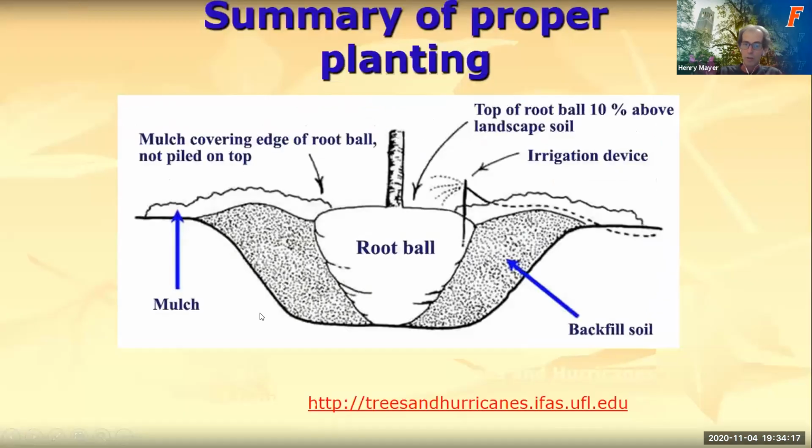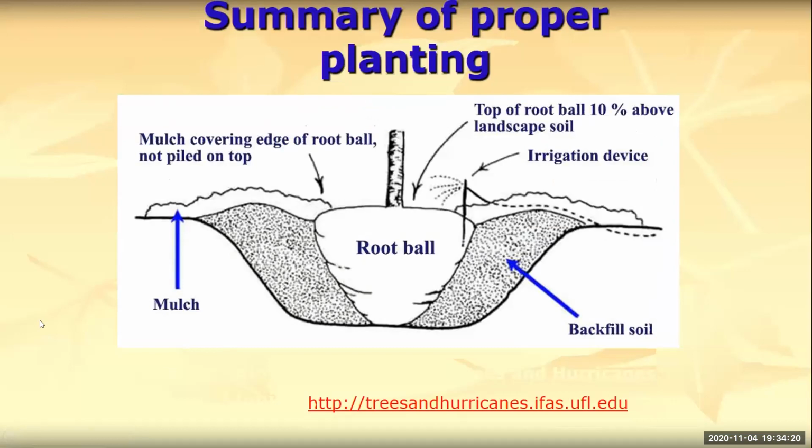Right. So the first one is planting. I hope that everybody knows how to plant a tree. It's very, very important to follow this photo. The root ball has to be at least 1 and a half inches above ground, at least 10% above the landscape soil.